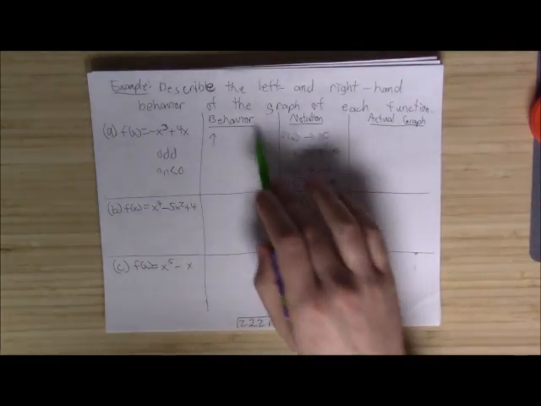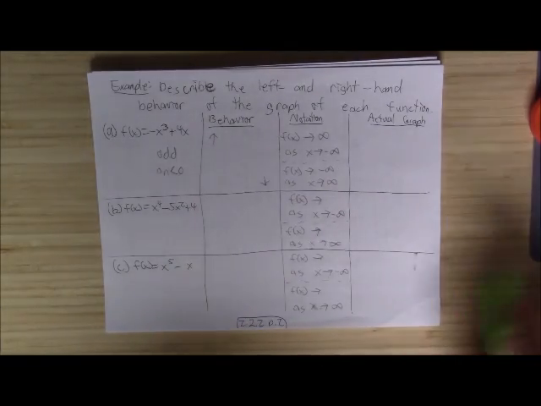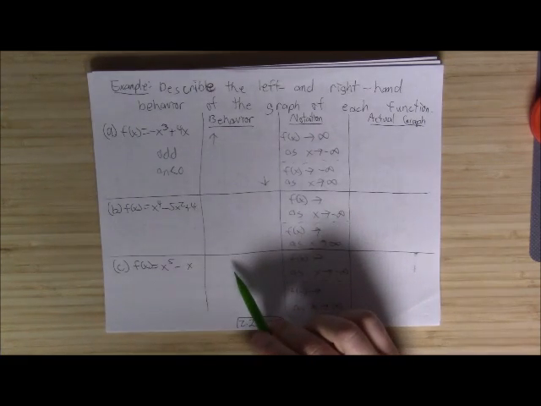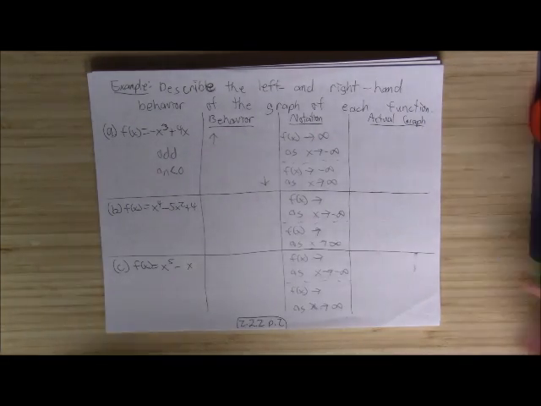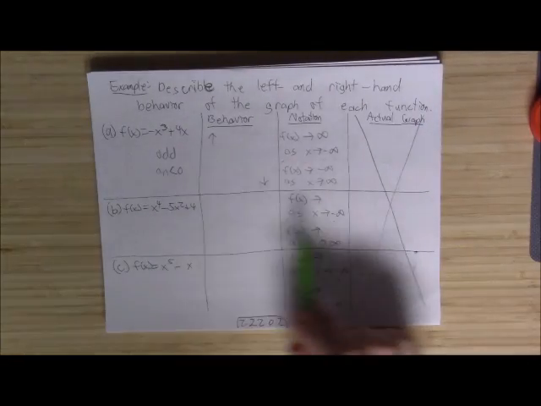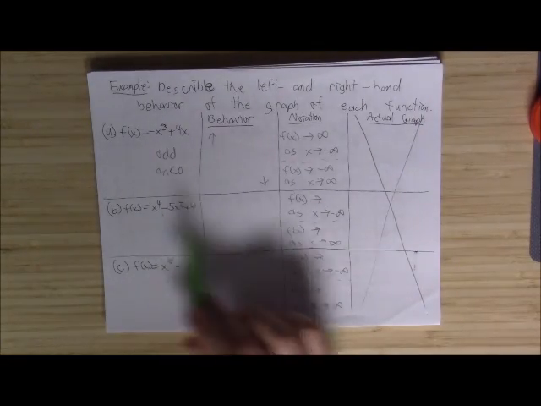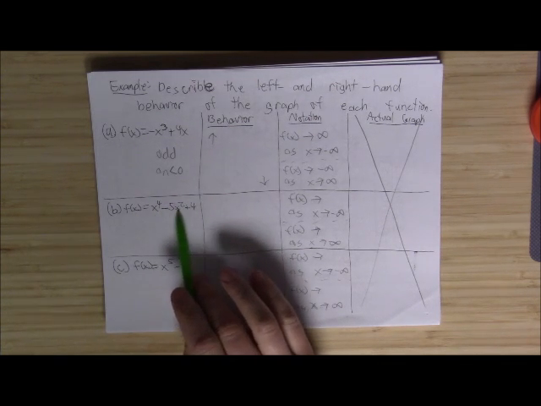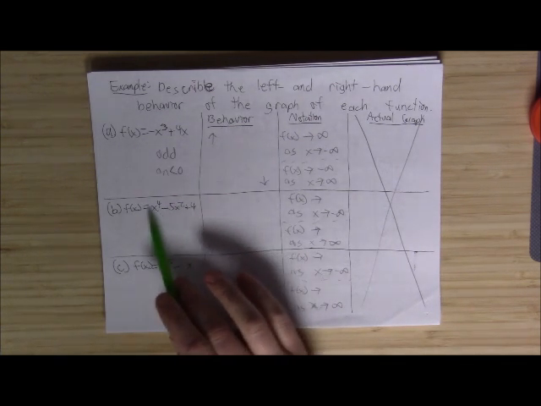So, continuing in this, as x goes to here, what do we see? We see that f of x is x to the fourth minus 5x squared plus 4. What happens here?